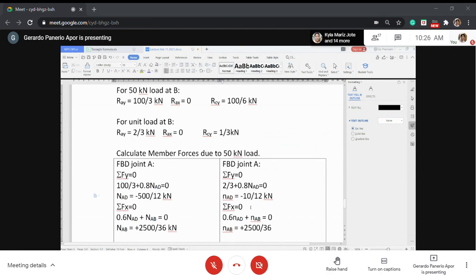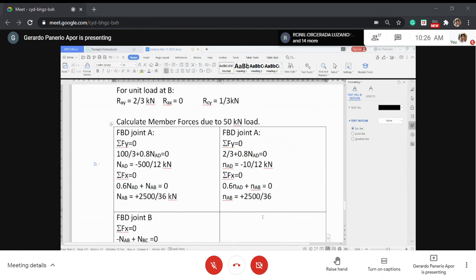So 4/5, 5/4. Negative 10/12. Okay? So if you have 10 divided by 12, you have 2/3 equal to 4/5.